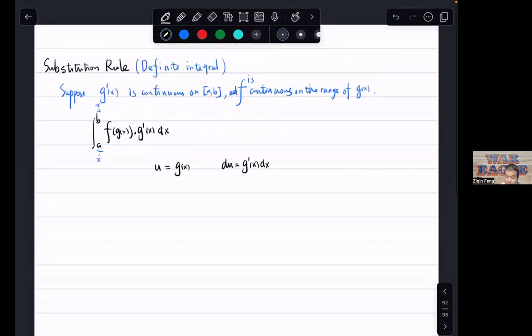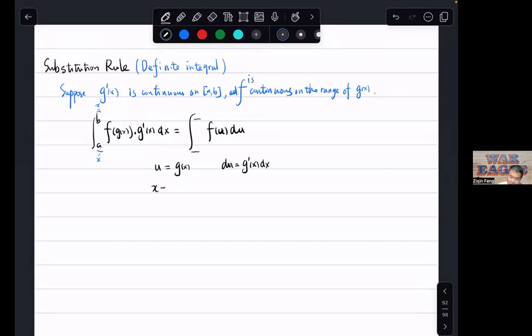And now we can do the substitution here: the integral of f of u du, right? But x is from a to b. What's the lower bound and the upper bound of u? This should be the lower bound of u, and this should be the upper bound of u. Corresponding to x, you can do a substitution here.